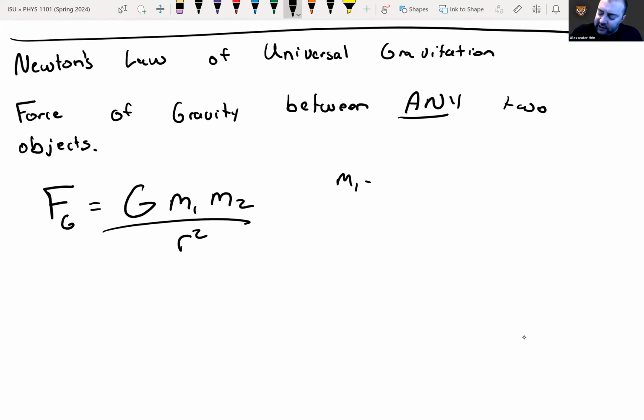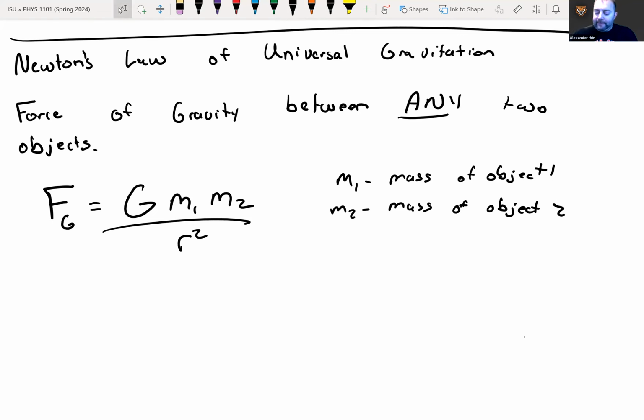M1 is the mass of object 1. M2 is the mass of object 2. And then R is the distance between 1 and 2.